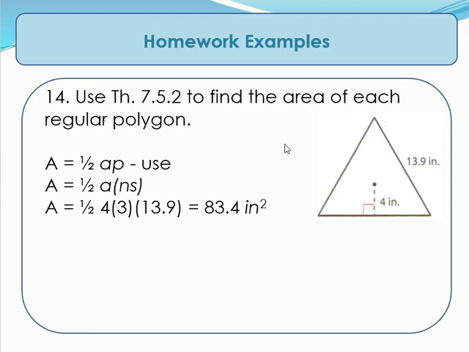So that's why it's important to write this down. We're using this to help develop your understanding. So this is 1/2 the apothem times the number of sides times the side length. So we have 1/2 the apothem, there's the apothem, 4, times the number of sides, which is triangle is 3 sides, and the side length is 13.9, and that multiplies to 83.4 inches squared.